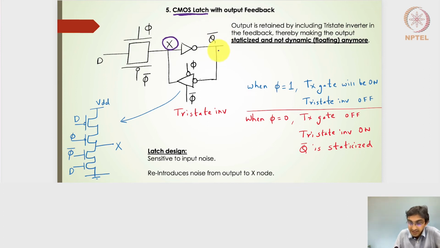Now, what if I have some kind of feedback path, wherein a tri-state inverter is applied and connected to the X node?